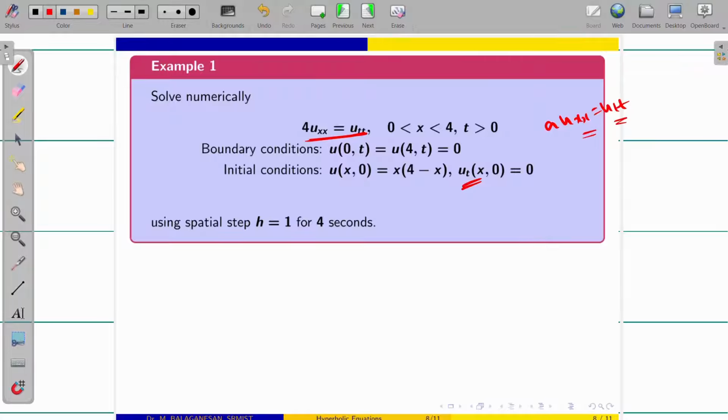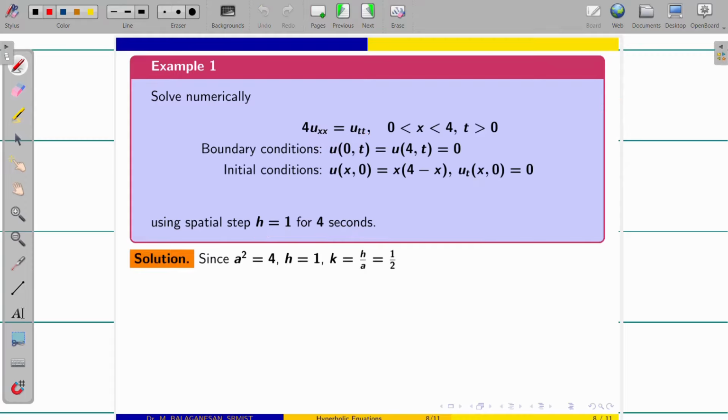The boundary and initial conditions are given with a space step h equal to 1 in the x direction, for 4 seconds. 4 seconds means t equal to 4, with time steps moving in that way.